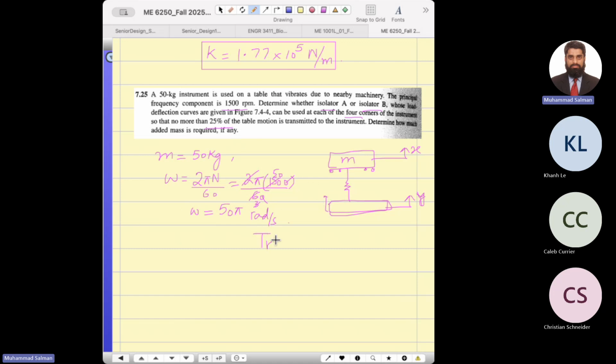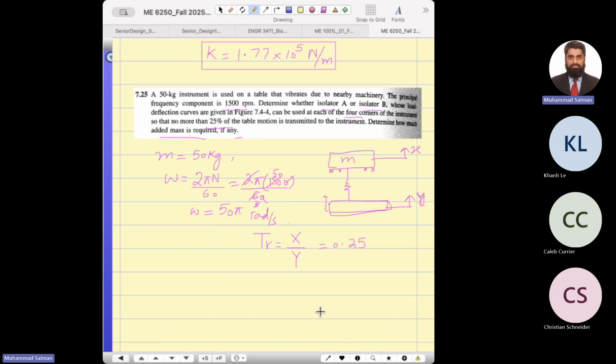So transmissibility is 0.25, like 25% maximum displacement can be transmitted to the instrument. So now the question states determine how much added mass is required, if any.